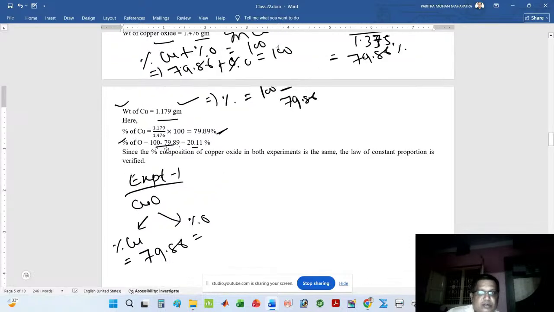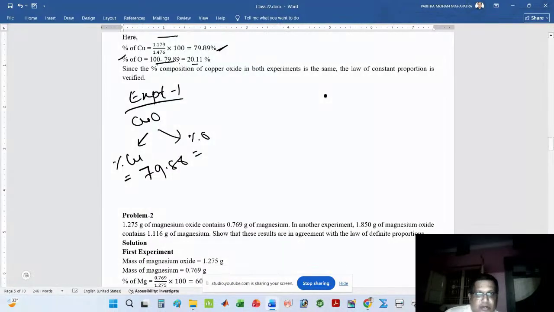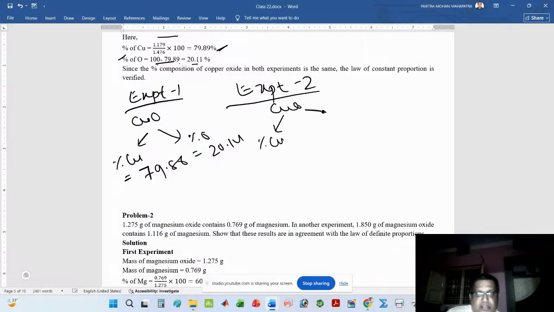That is 20.14. Now move to experiment 2. If you think about the copper oxide used, the percentage of copper is 79.89. Your percentage of oxygen is 20.11.